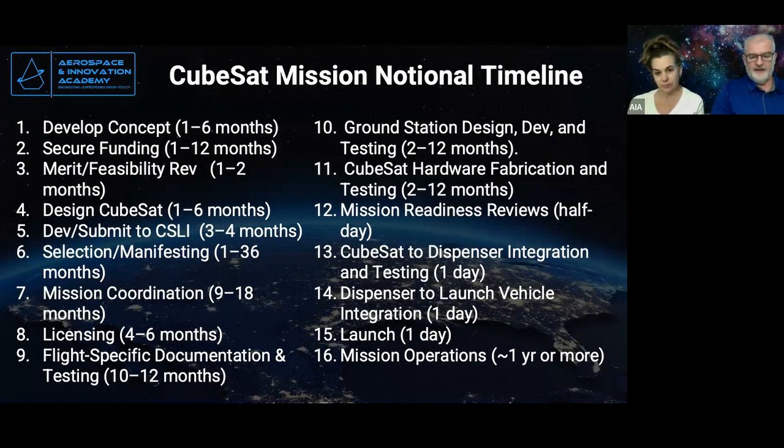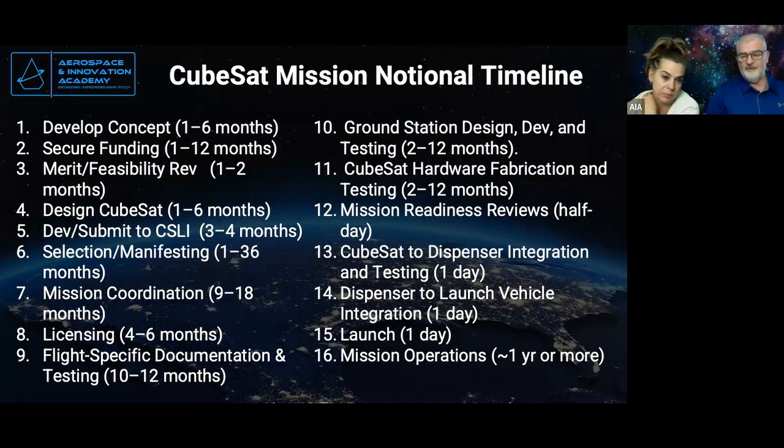Almost immediately, you need to be thinking about how you are going to fund your mission, particularly if you are applying for NASA's CSLI. There are 4 specific areas of funding that you need to be aware of. Of course, your materials, your hardware, if you will, for your satellite, but also labor, as you may very well need some labor if you're going to get some help from outside companies.